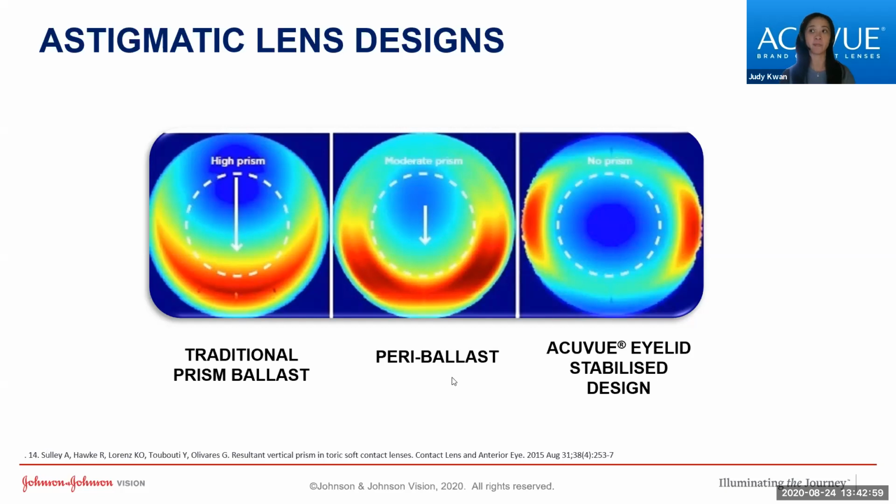We have our peri-ballast designs, where the thickest regions would be roughly about 5 o'clock and 7 o'clock, with potentially some eyelid interaction in both of these designs. And we have our AccuView eyelid stabilized design, where thickness is actually minimized at the bottom to avoid that lower eyelid interaction. So these are the 3 different toric astigmatic designs that are currently on the market.